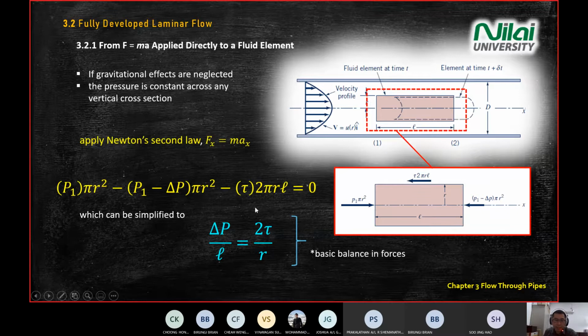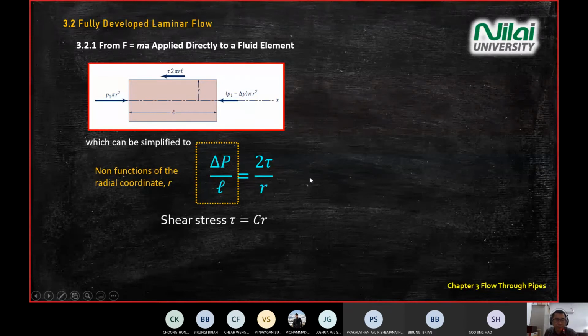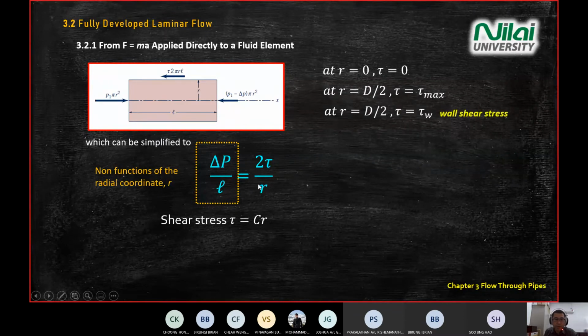So this is about the balance of forces. This is just a mathematical derivation, so we try to put our equation in a certain form.